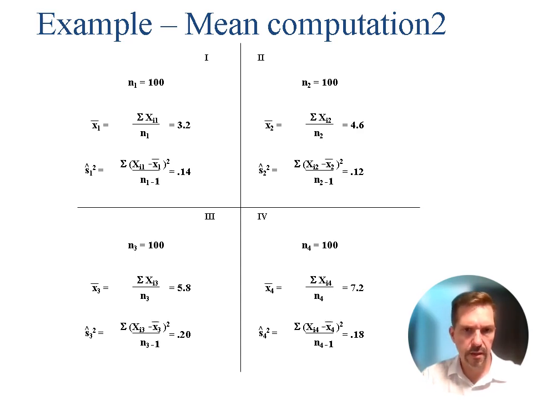So this could be very large stores over here, then you have medium-sized stores, then medium-small stores, and really small stores. So you have 4 strata, 4 groups in the population, and you have collected a sample of size 100 for each of these. So we have 100 observations for each of those strata.